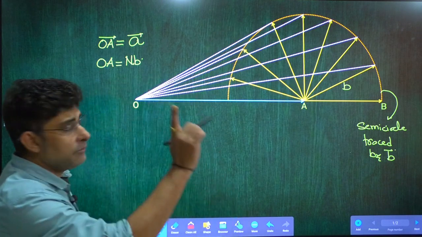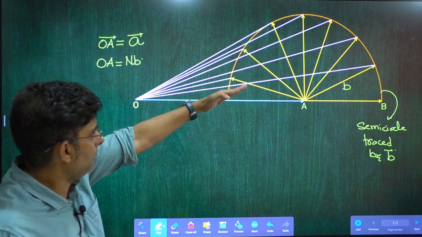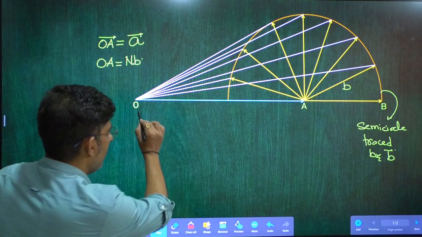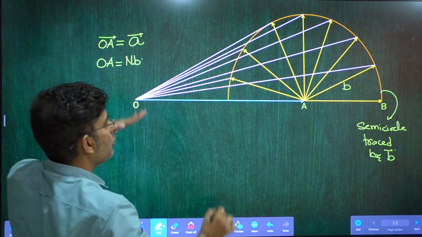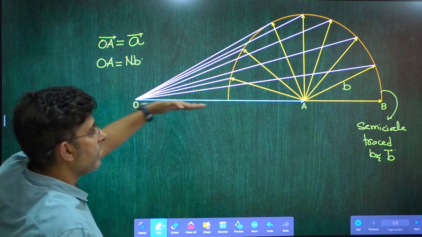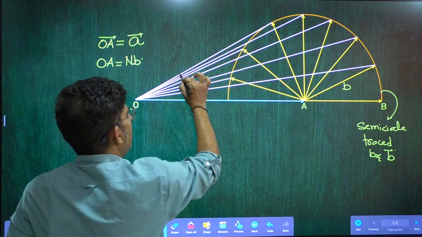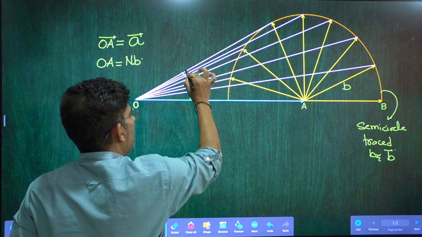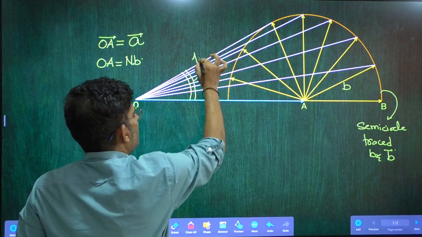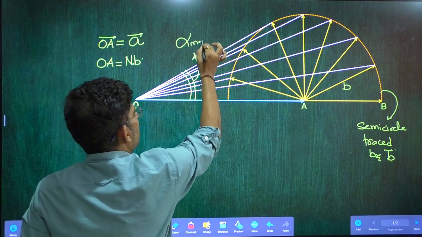Now you can see the maximum angle that is possible for the resultant with A vector. Mind it again, OA is A vector. So the maximum angle that the resultant can make with OA vector, out of all the white lines, is this angle, which will be alpha max.